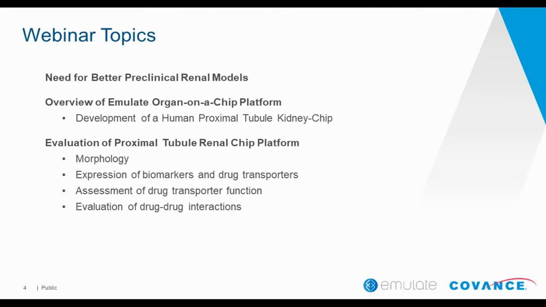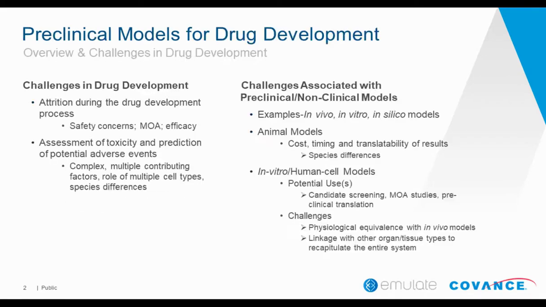And then she'll hand it over to Don to talk about our assessment of the functionality of that renal chip, looking at morphology, expression of key biomarkers and transporters, the assessment of the function of those transporters, and then evaluation of drug-drug interactions.